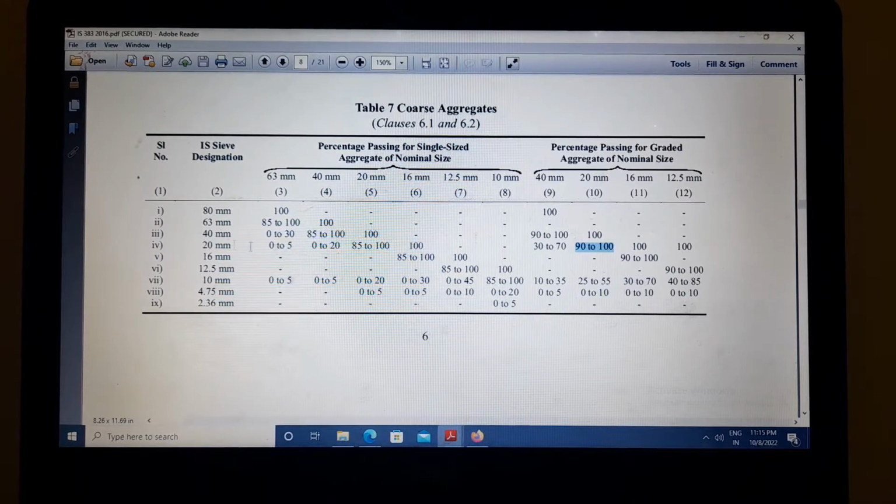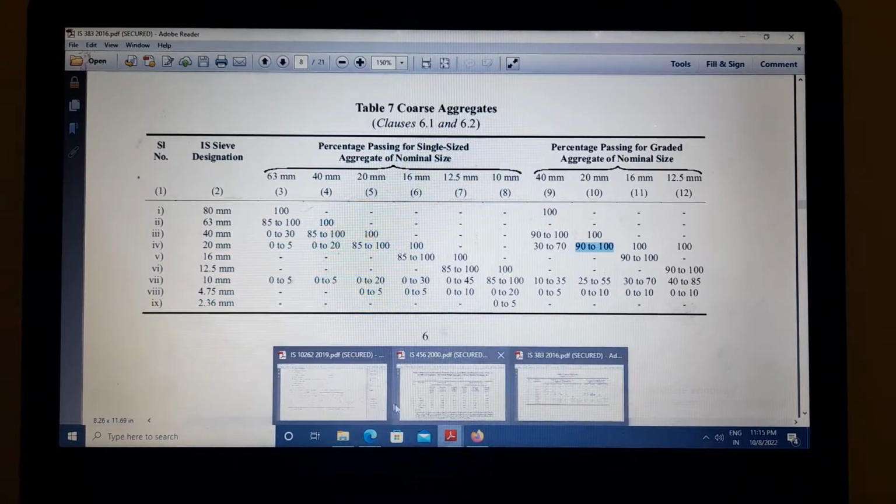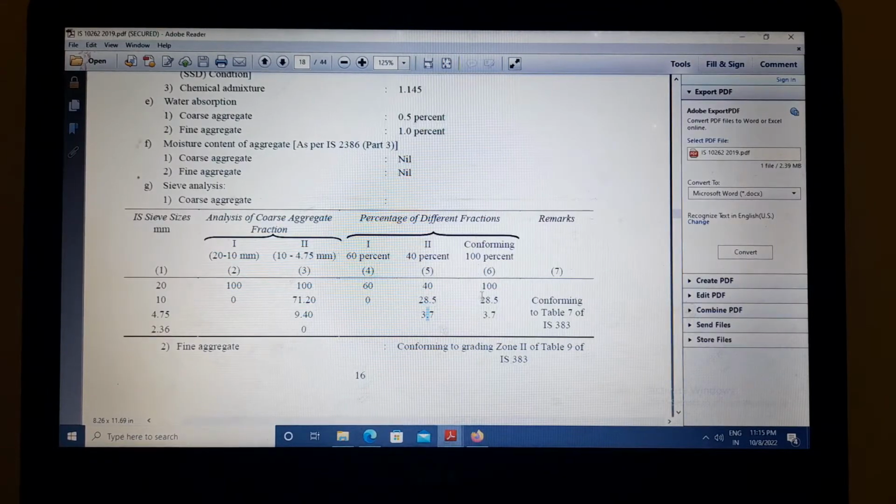Please make it clear: from the 20 mm sieve, 90 to 100% should pass. From the 10 mm sieve, 25 to 55% should pass, and from the 4.75 mm sieve, 0 to 10% will pass. You can see in our case this is the combined gradation which is satisfying the requirement as given in table 7 of IS 383.